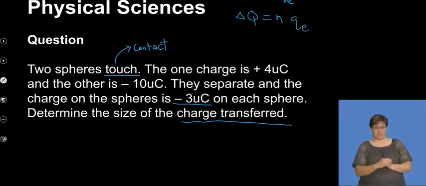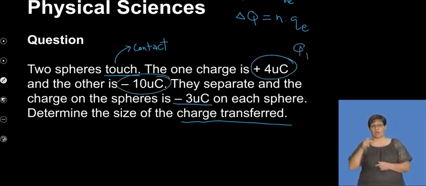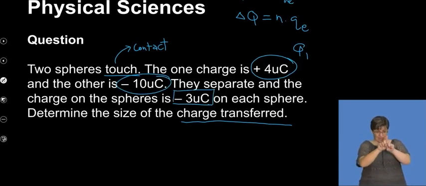So we can determine the number of electrons because we are able to tell, okay, initially one of them was that, okay, if that's our Q1, and then maybe this one is our Q2, and then this is the Q new on each one of them. This is after separation. So what are we saying here?